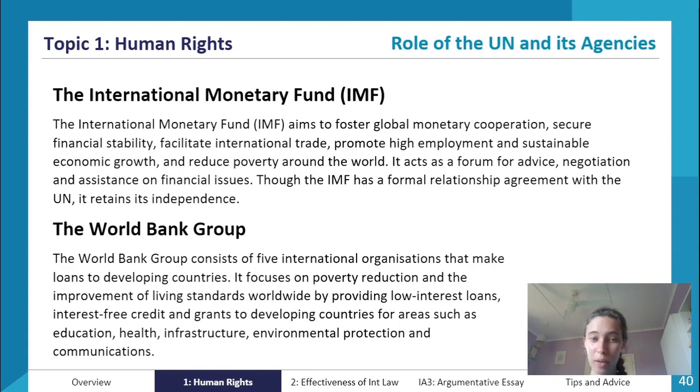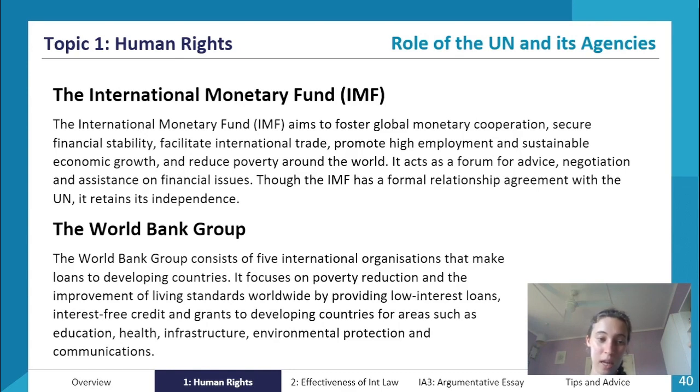So high employment, sustainable economic growth, and reduction of poverty as well. They give advice, negotiate, and assist states on financial issues. So it is independent, even though it does have that formal relationship with the UN.